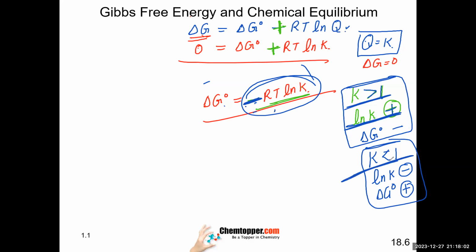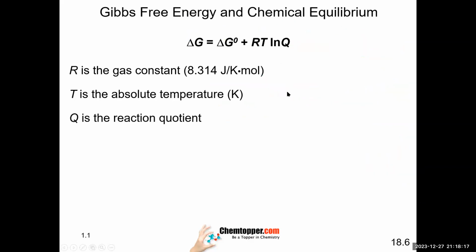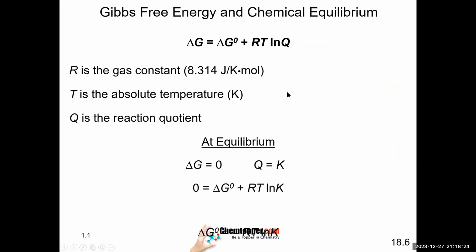K less than 1, products are less, reactants are more, ln K is negative, delta G is positive. So that's the relation between delta G naught and K, equilibrium constant. That's the equation I was talking about. Earlier I did error. In place of plus, I took minus. No, it is plus. So this is the equation.